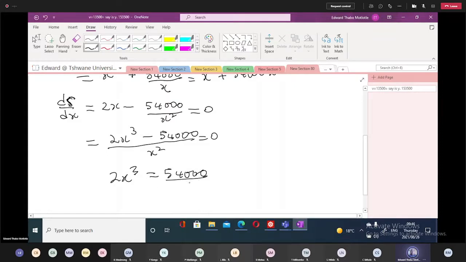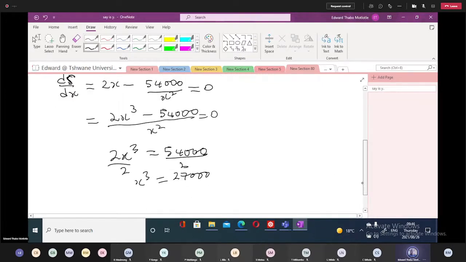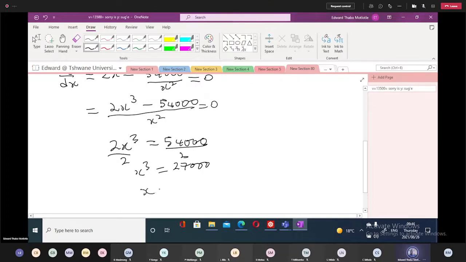We divide both sides by 2. So we have x to the power 3 equals 27,000. So x, we take the cube root of 27,000, and this is equivalent to 30. So the value that we have here is x.